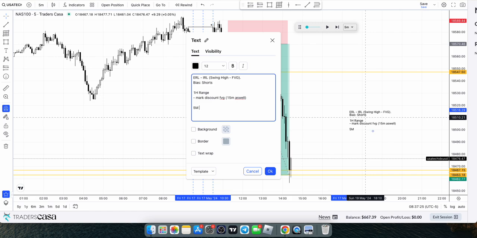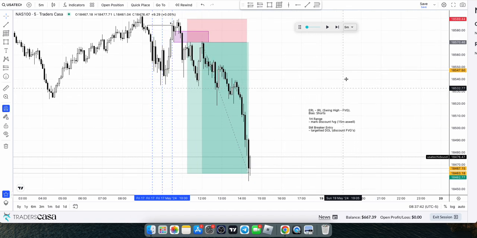We then got a 5-minute breaker entry, targeted draw on liquidity, aka discount fair value gaps. So there we go, that is a trade.